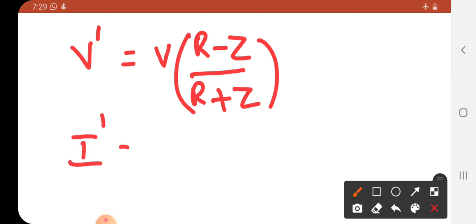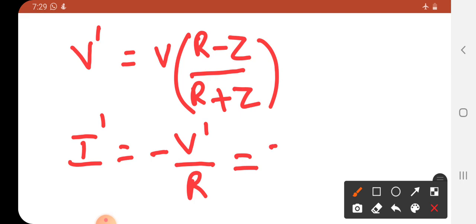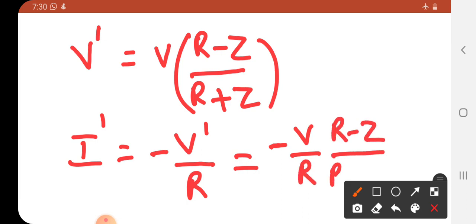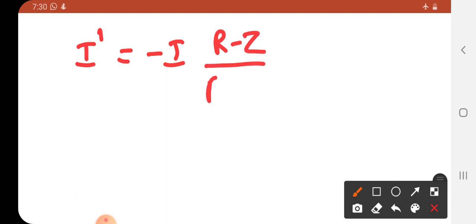I dash is equal to minus V dash by R. This is minus V by R into R minus Z by R plus Z. V by R is I. Therefore, I dash is equal to minus I into R minus Z by R plus Z.